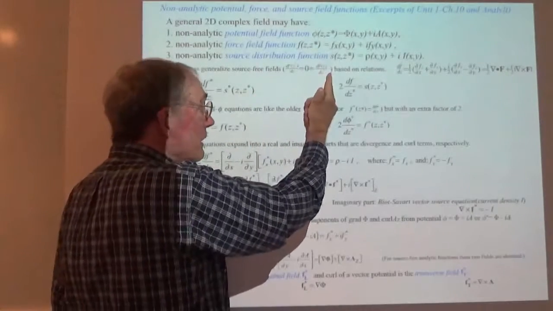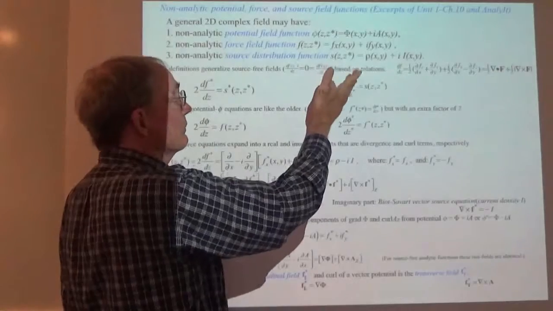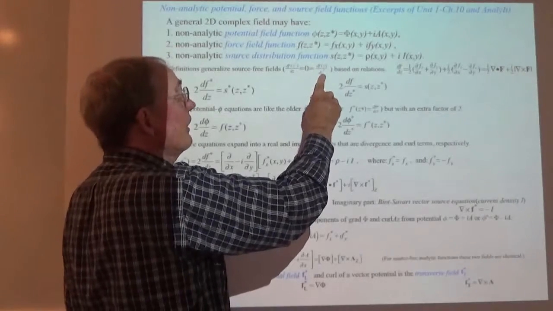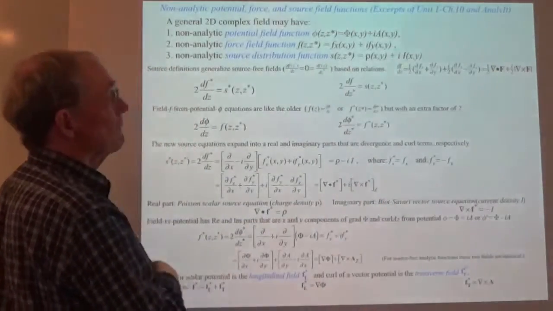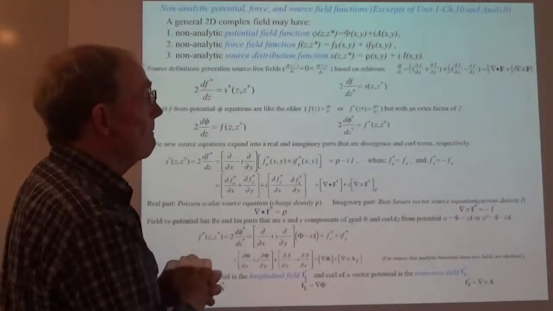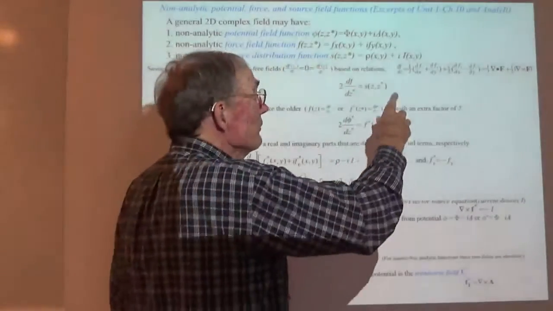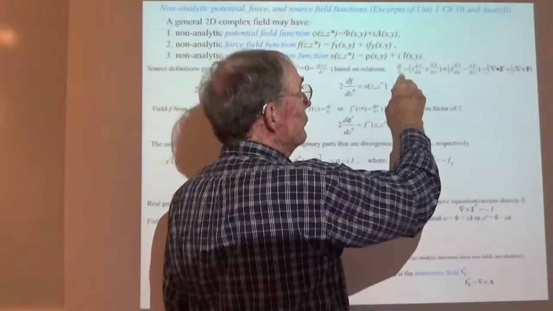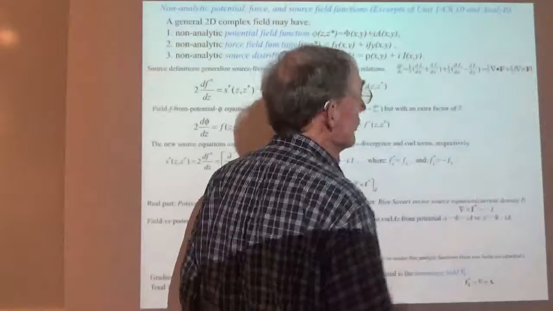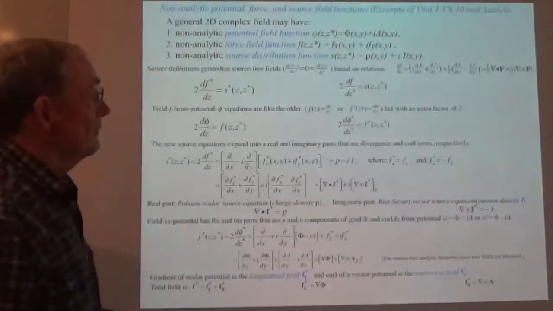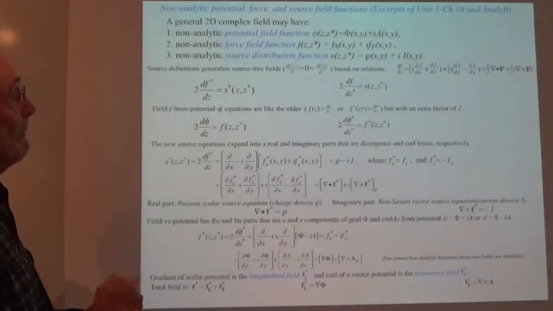We could go the other way. We could have used z as the variable and let z star be the variable. Same thing would happen, just not quite in the nice form that we got. But in any case, the idea is that the derivative of the thing has this divergence and curl as a real and imaginary part.